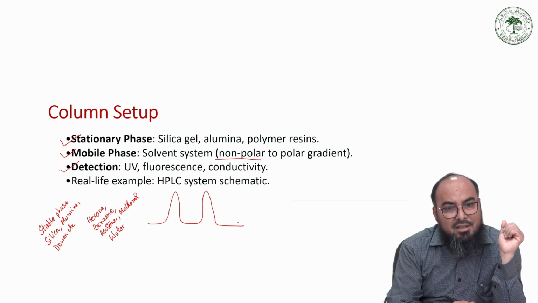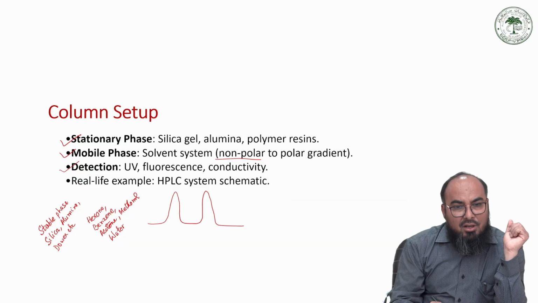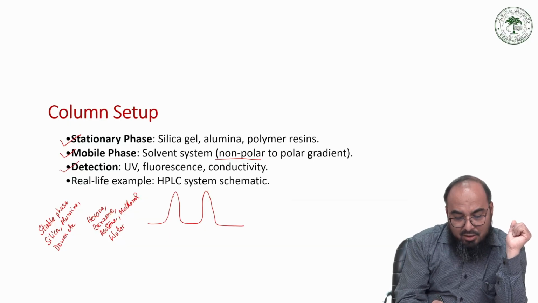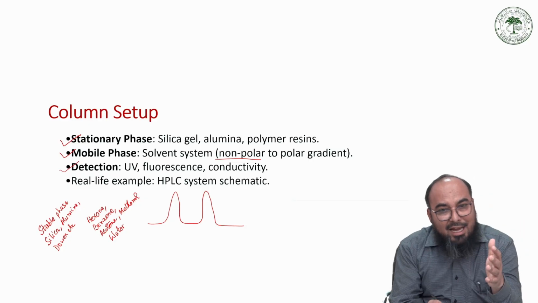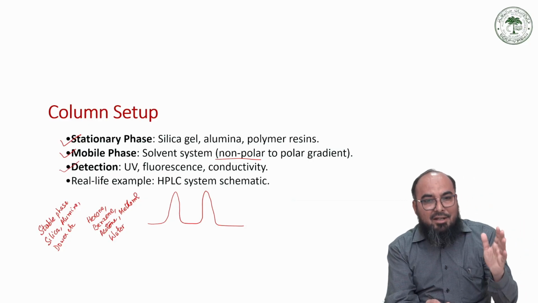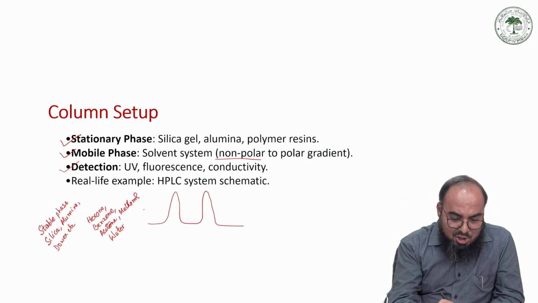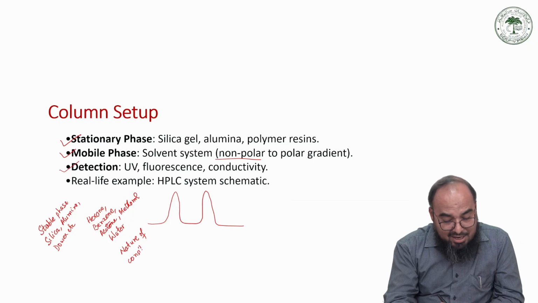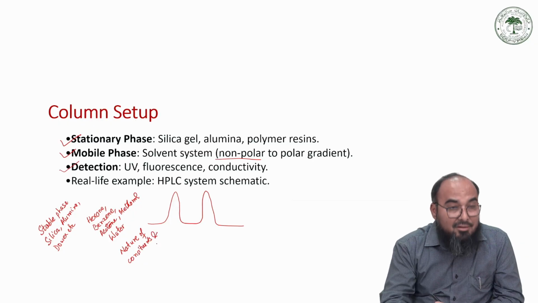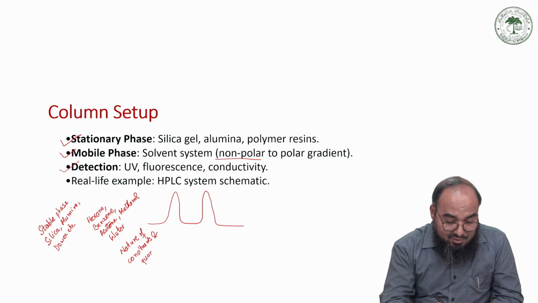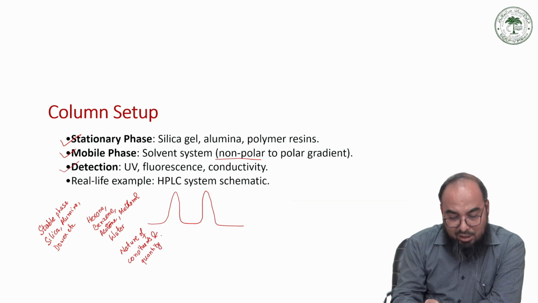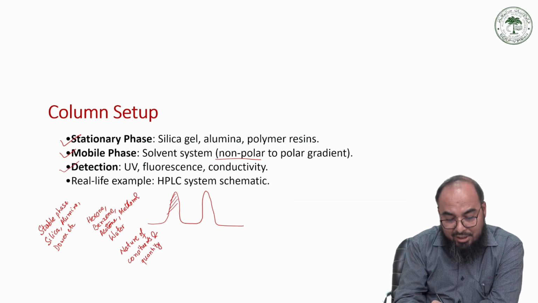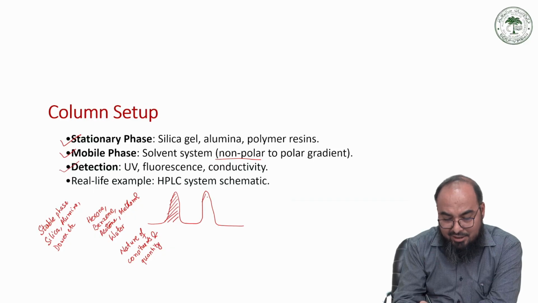The detector is the instrument which records the elution pattern, and as I told you earlier, it is a versatile technique which tells you about the nature of constituents as well as their quantity. That is very important, and this quantity can be calculated from the chromatogram by calculating the area under the peak.